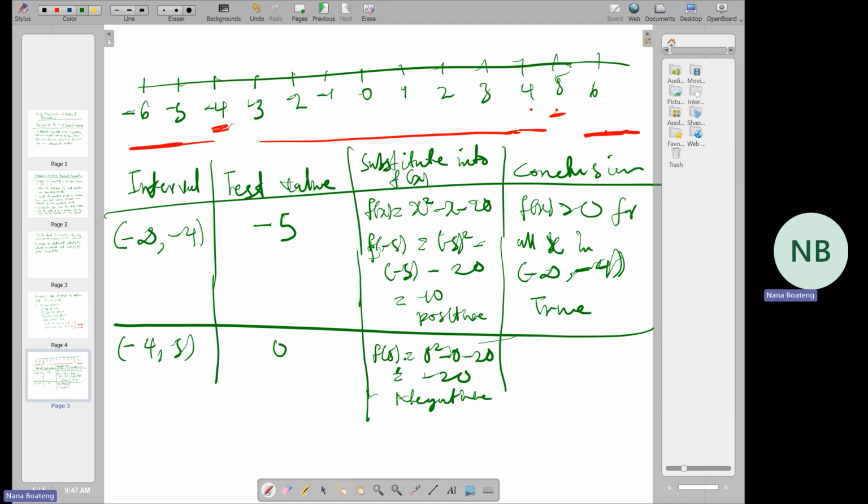So that means f of x, our original inequality said f of x is greater than 0.